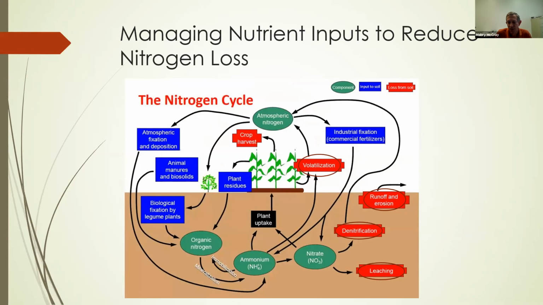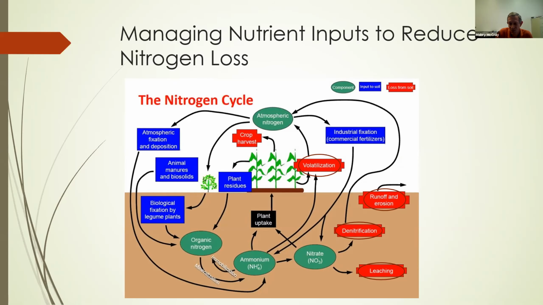Okay, so managing the nutrient inputs to reduce nitrogen loss. Then you have the components of nitrogen that include atmospheric nitrogen that's not available to the crop. You have organic nitrogen. You have ammonium, which is a cation, which can be held by the negatively charged soil particles. You have nitrate, which is negatively charged, which is not going to be held by the soil.